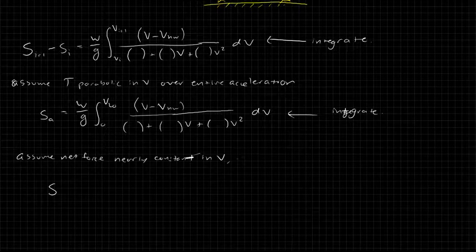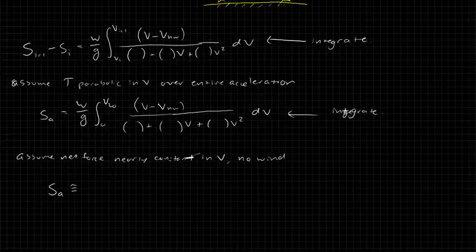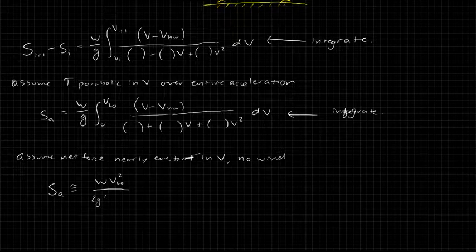There's one more assumption here: we are also assuming no wind. That's kind of important. So assuming the net force is nearly constant in v and there's no wind, the acceleration distance can be approximated as W times V_LO, the liftoff speed, squared, divided by 2g times (T minus D minus F_R).